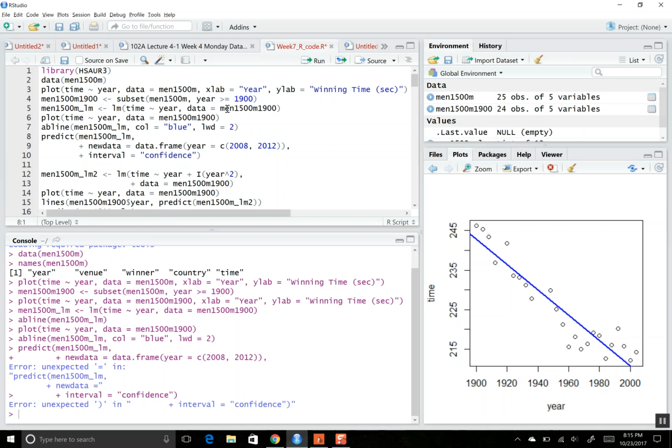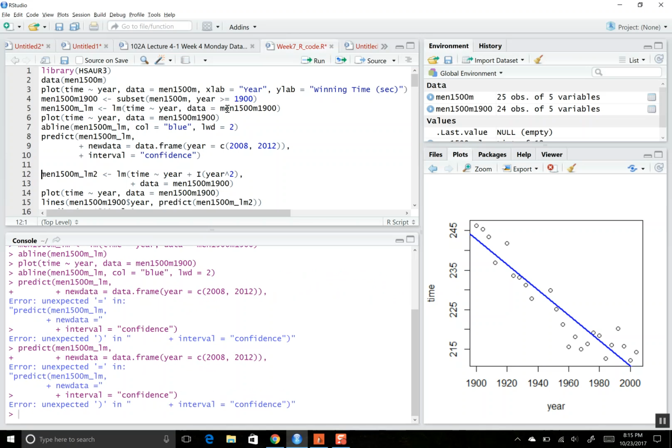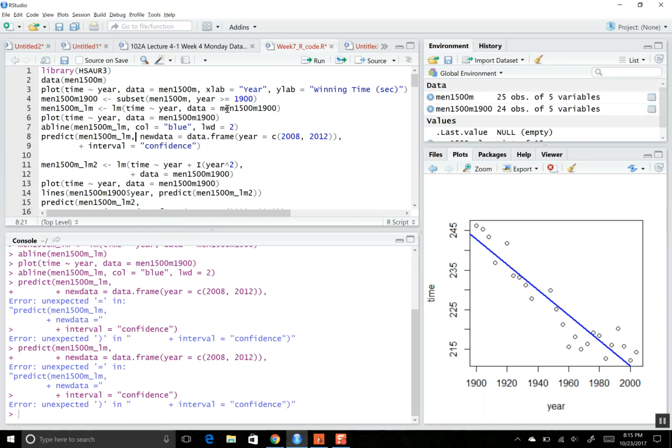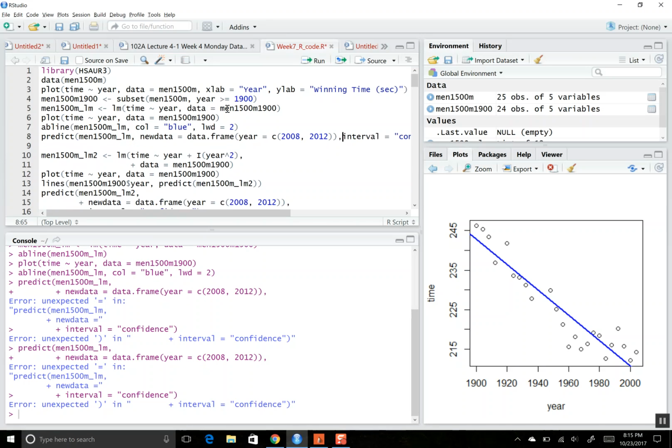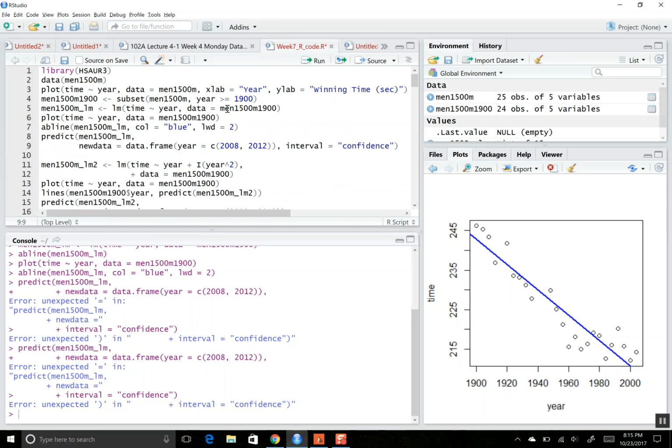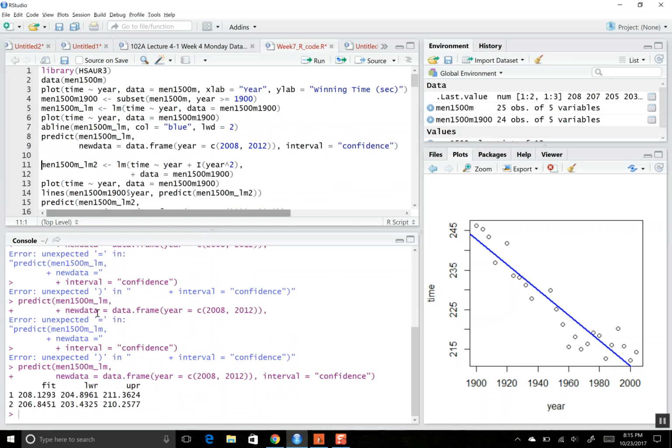No. It says we would predict times of 208 and 206, and that's what we have.